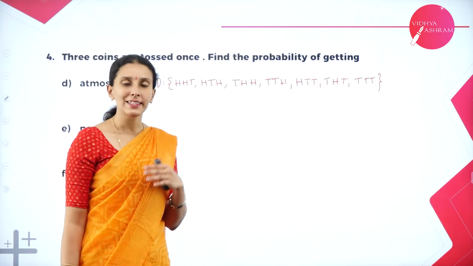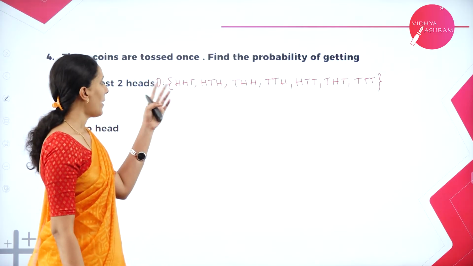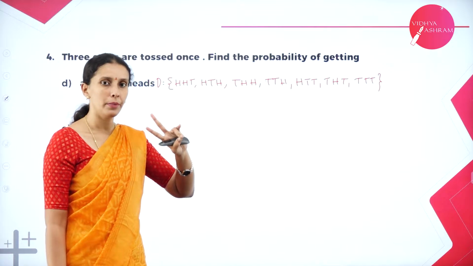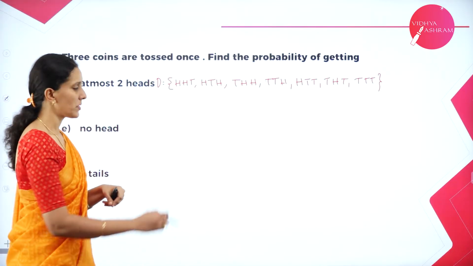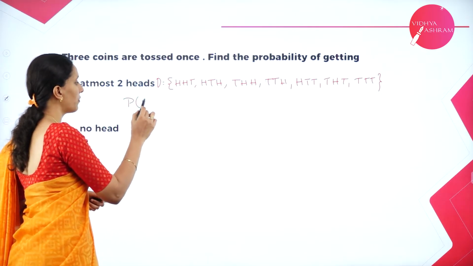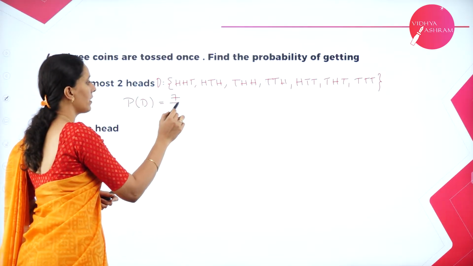So at most means less than or equal to. Maximum it can contain 2 heads, minimum 1 and 0. So we have 7 outcomes here. Therefore, the probability of D can be written as 7 by 8.